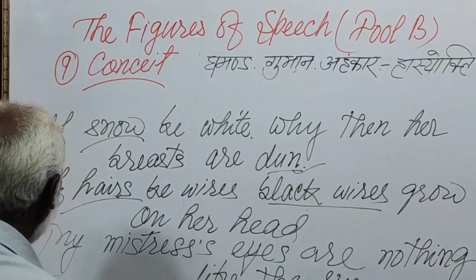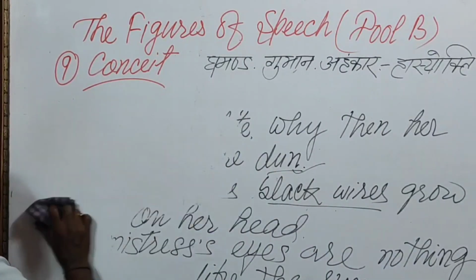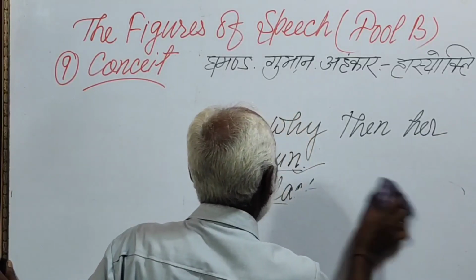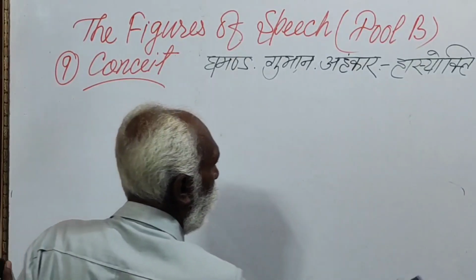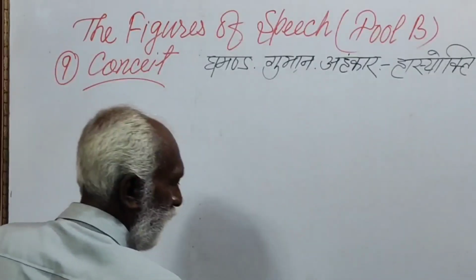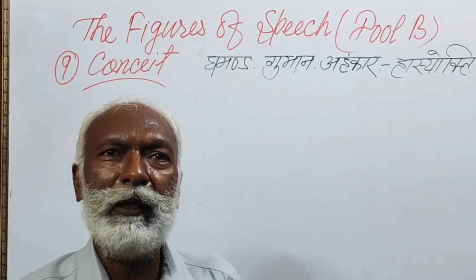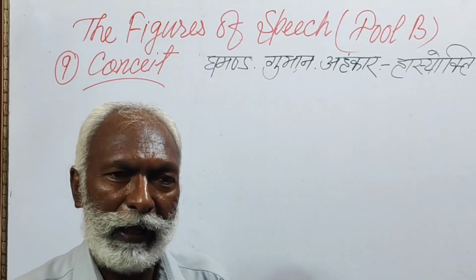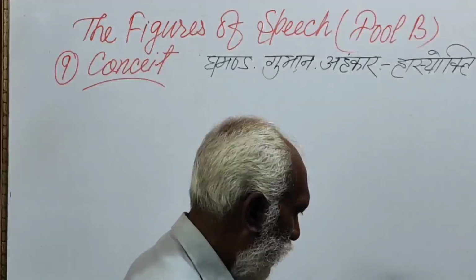Now, in the sonnets of Shakespeare, you may find so many examples of conceits. Shakespeare uses conceit. I mean, he compares two dissimilar, different things using conceit in his sonnet.